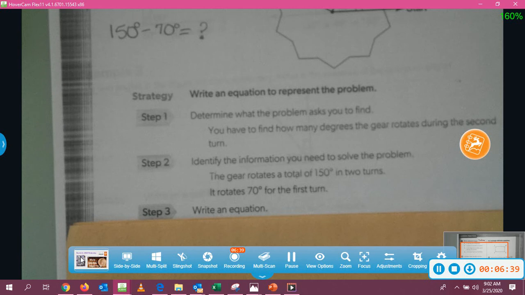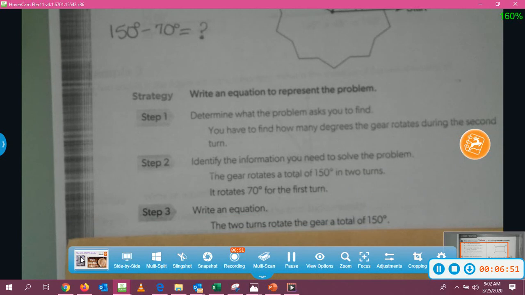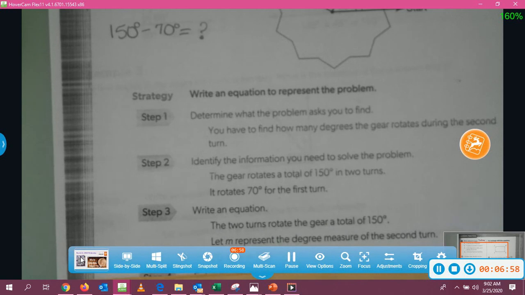But the first turn only gives us 70 degrees. So we need to know how many degrees that second turn will be, right? So we write an equation. The 2 turns rotate the gear a total of 150. Let M represent the degree measure of the second turn. So 70 plus M equals 150.